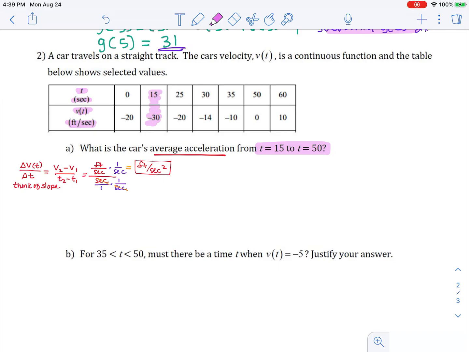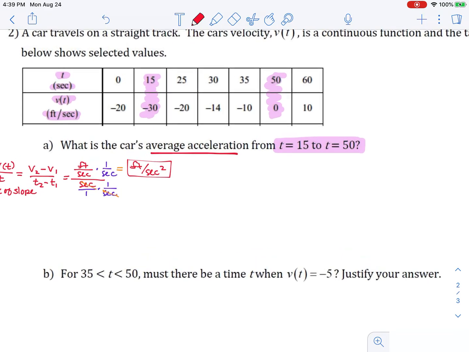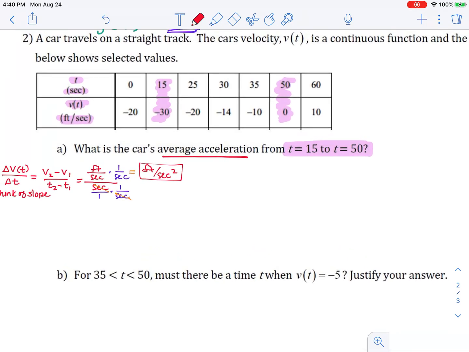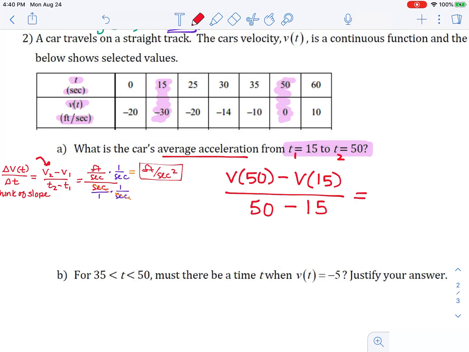So really, it's asking us to take V of 50 minus V of 15, because this is really T sub 1, T sub 2, all over 50 minus 15.